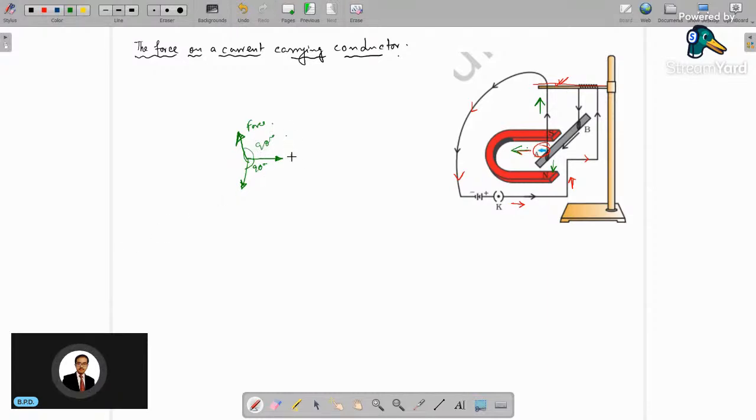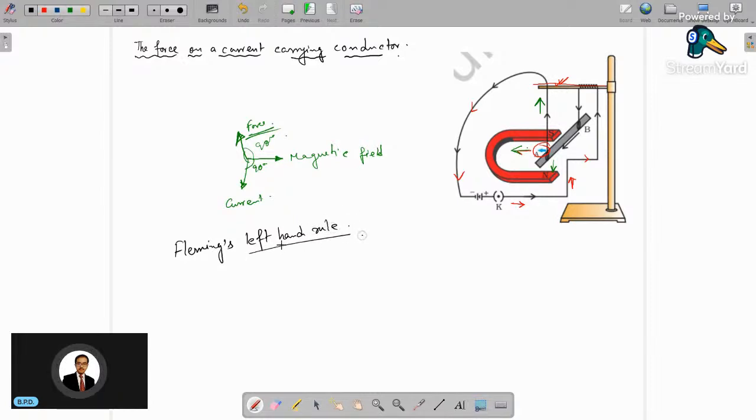That will be the magnetic field. If this is the magnetic field, this will be the resulting force from that. So today, another rule, that is Fleming's left hand rule.